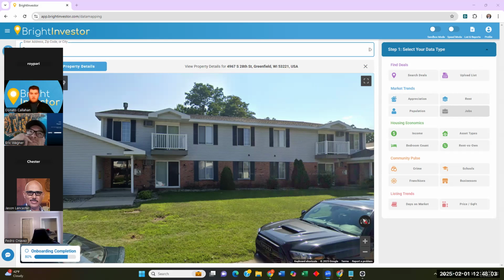Each one is being rented at various prices, like 800, and there's a 750, but in that area the rents are roughly about 850. That works, especially because your price per door is getting down to $55,000 per door.